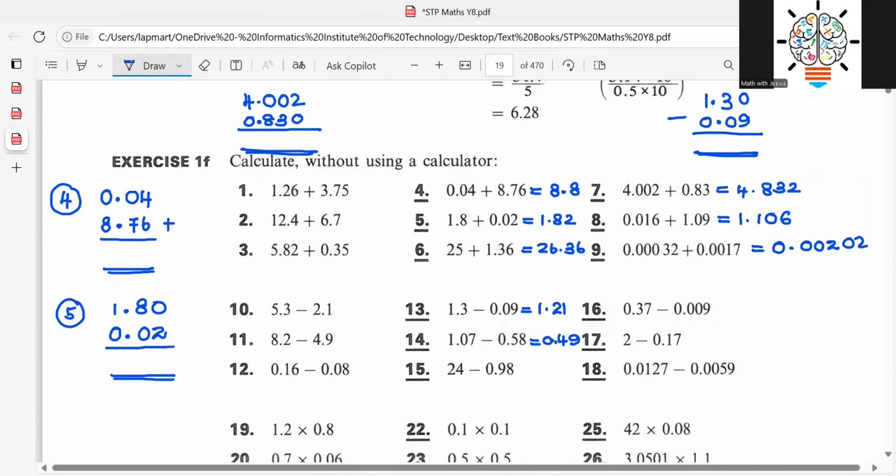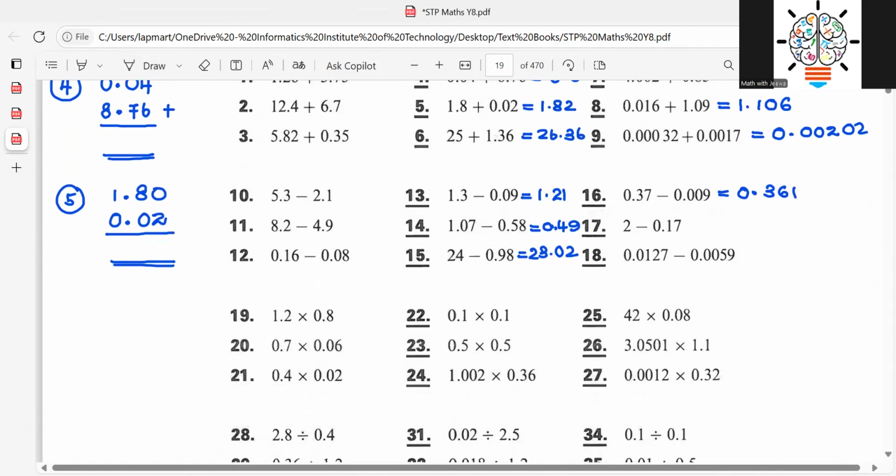And then the next one, 24 minus 0.98. Again, I'll show you how to do it: 24 and then 0.98. You put the subtraction, fill the blanks with zeros and do the subtraction. So then it gives me 23.02. Then the next one, 0.37 subtract 0.009, so then it is 0.361.